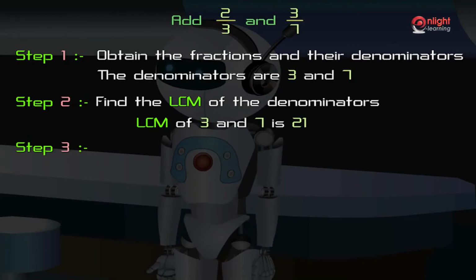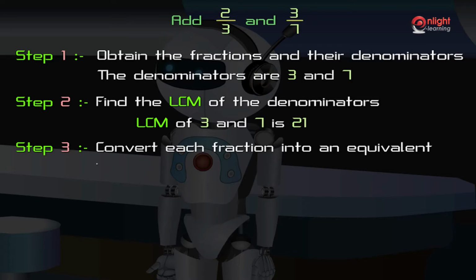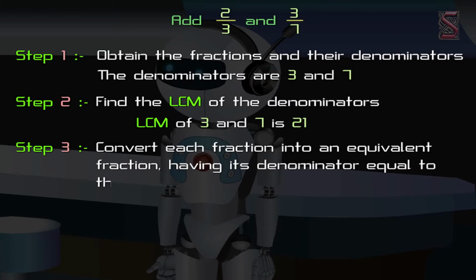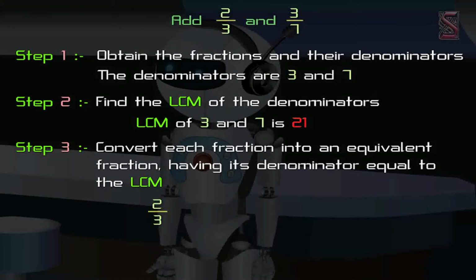Step 3. Convert each fraction into an equivalent fraction having its denominator equal to the LCM obtained in step 2. We got LCM of 7 and 3 as 21. Now to convert 2 by 3 into the equivalent fraction having 21 as its denominator, we multiply both denominator and numerator by 7.